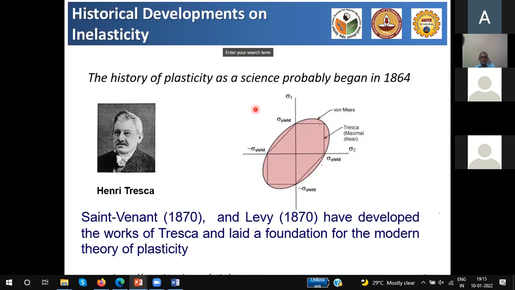And when you have a combination of tension and compression, some linear interpolation between the two is postulated. This is intuitively very appealing, and it was postulated way back in 1864. So we are talking about at least 1.5 centuries earlier, where people postulated these models. That's a stress-based failure criterion.